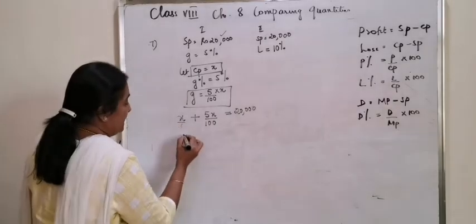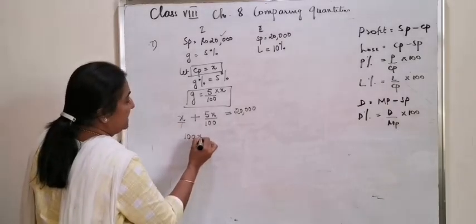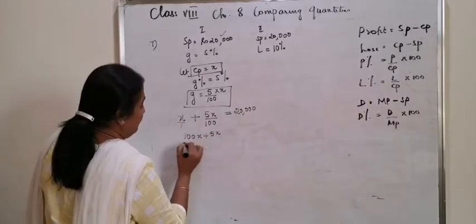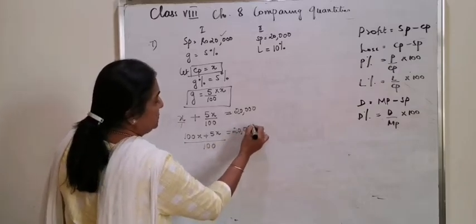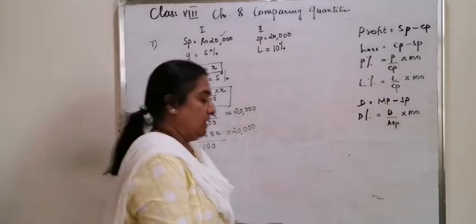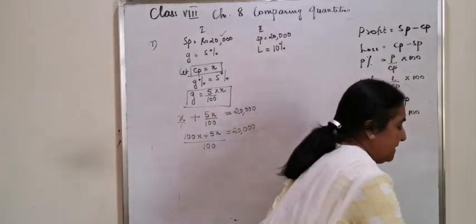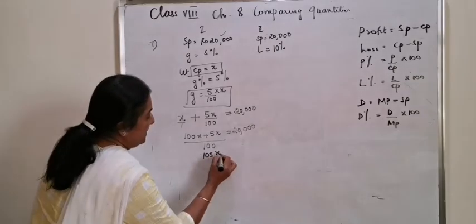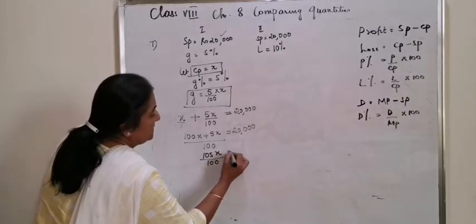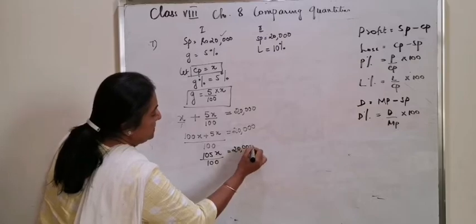By taking the LCM, 100x plus 5x by 100 is equal to 20,000, or 105x by 100 is equal to 20,000.